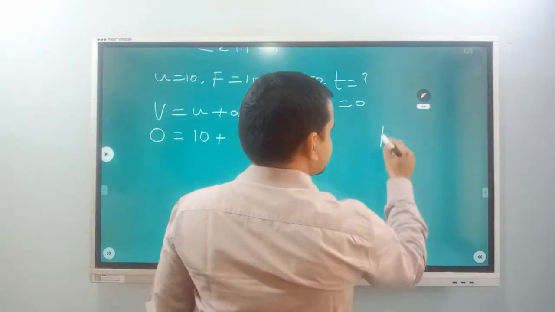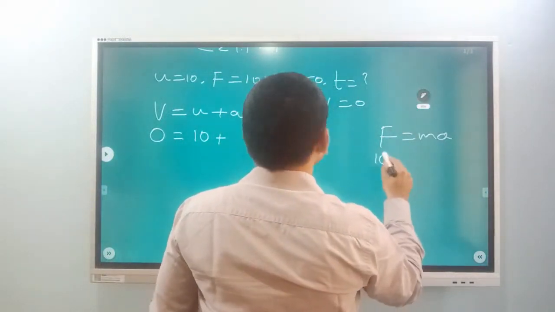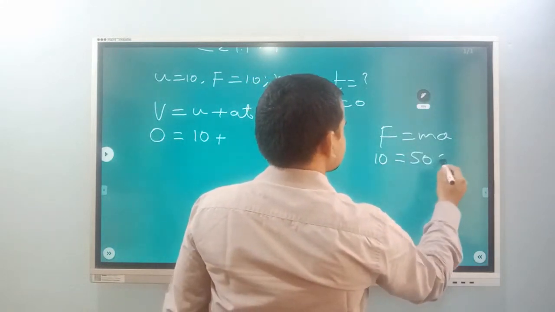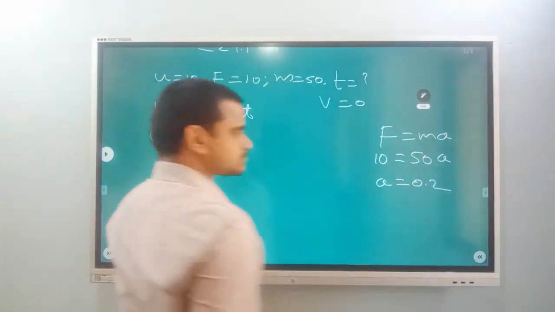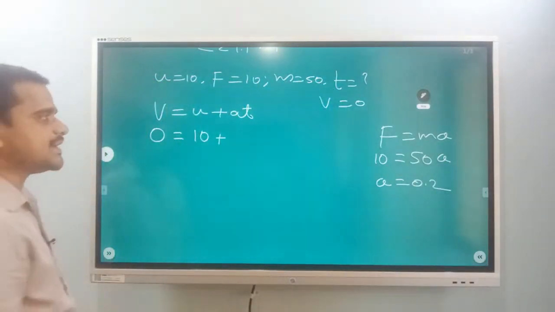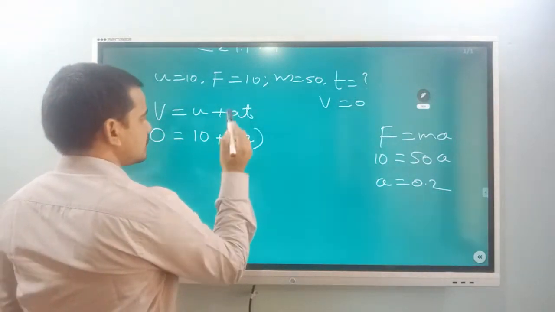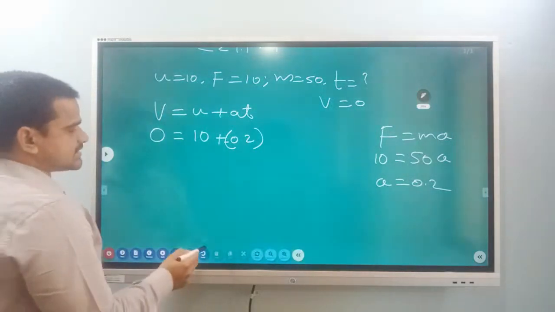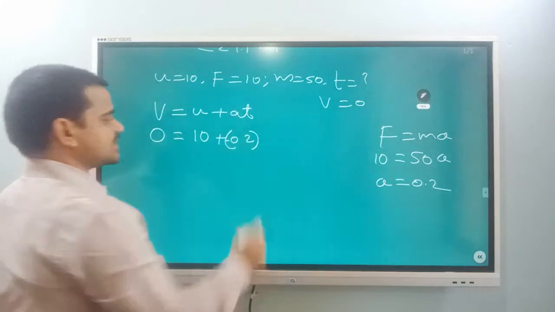F is equal to ma, F is 10, M is 50, and a is 0.2. I'm taking this a as minus 0.2. Why am I taking this one as a minus?